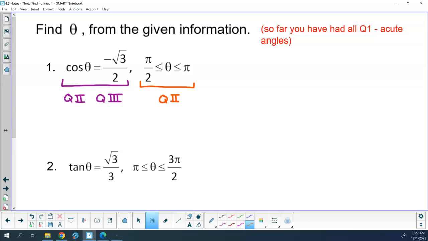So now I can go back to this purple one, and I can say, where in quadrant 2 is the cosine negative root 3 over 2? Pi over 6, yep. So theta here is 5 pi over 6.